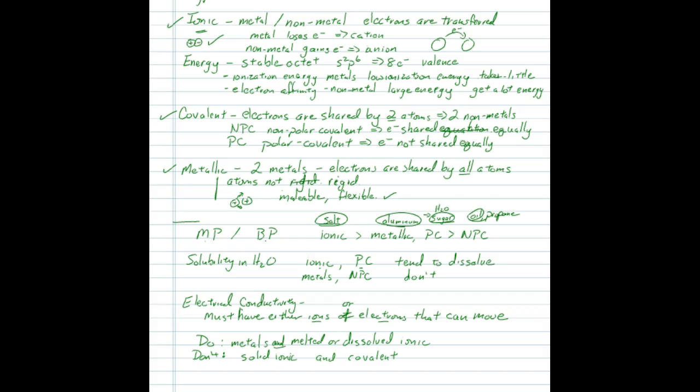So metals and melted or dissolved ionic compounds do conduct electricity. Solid ionic compounds and covalent compounds do not conduct electricity. That ends this lesson on types and characteristics of bonds.